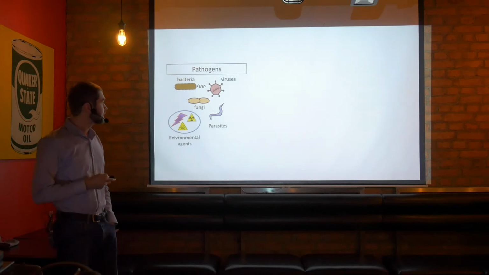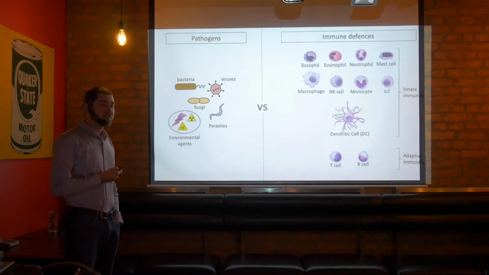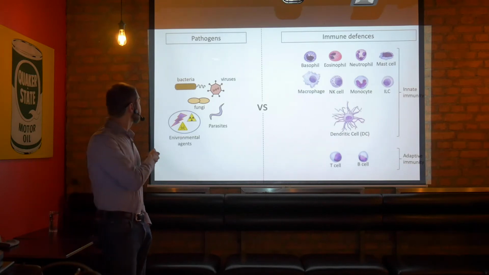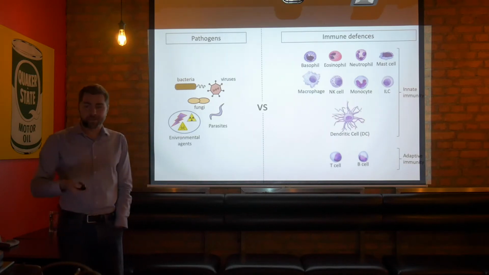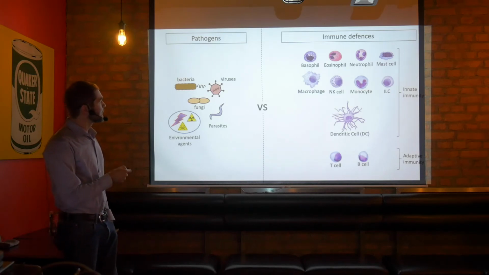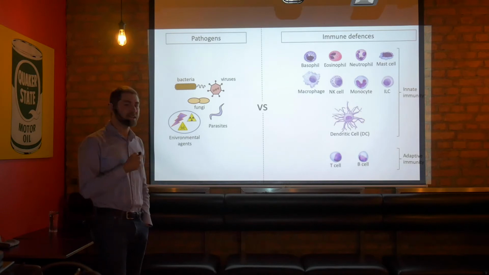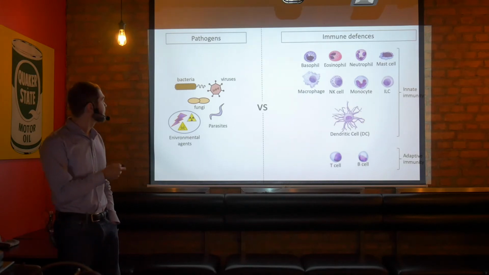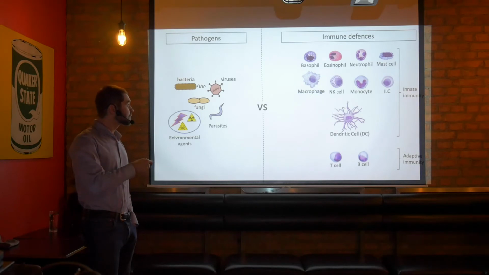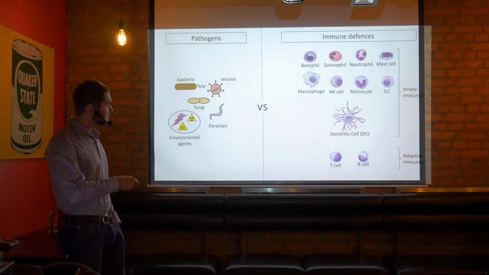This is why we have an immune system, which has the purpose to fight the pathogens that manage to enter the body. As you see here, the immune system comprises several different types of cells. These cells can be divided into two large groups, the innate immune cells and the adaptive immune cells.